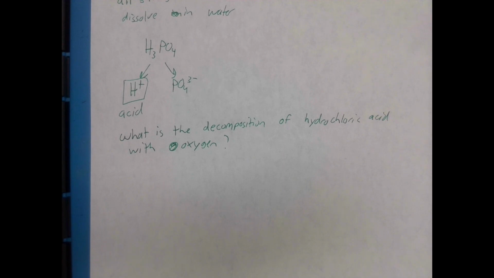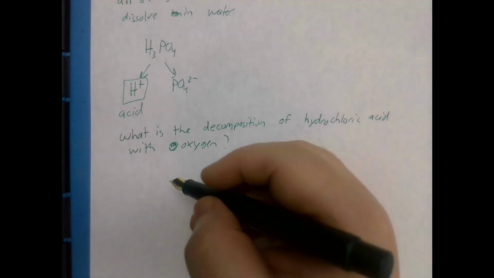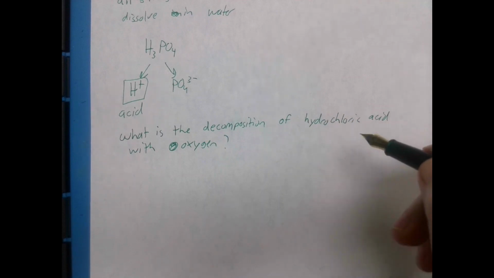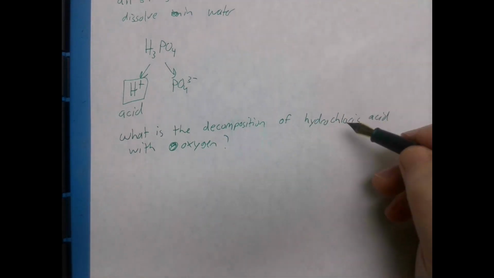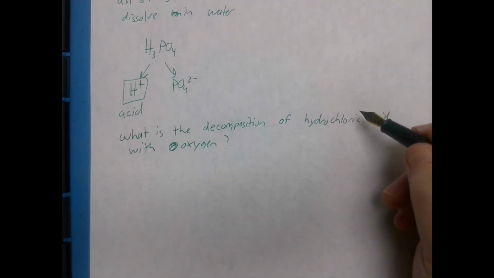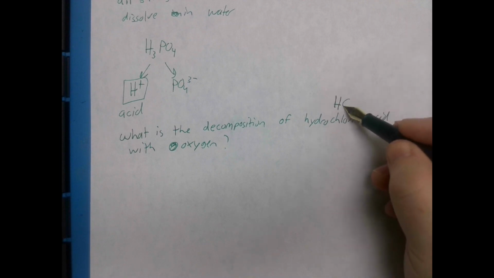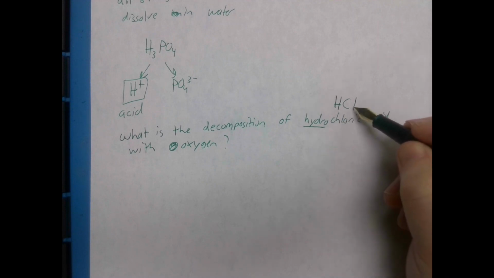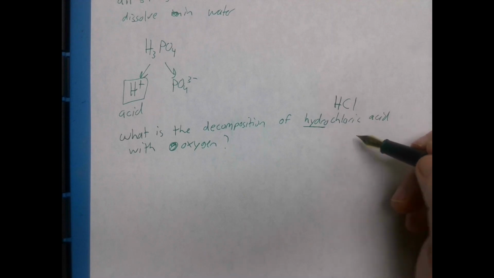The reason you can ignore the decomposition is, if it's just the decomposition of hydrochloric acid, what is the equation for hydrochloric acid? Just be HCl. Yes. So remember our rules: if it has hydro in the front of it, then it's just elemental chlorine mixed with hydrogen.